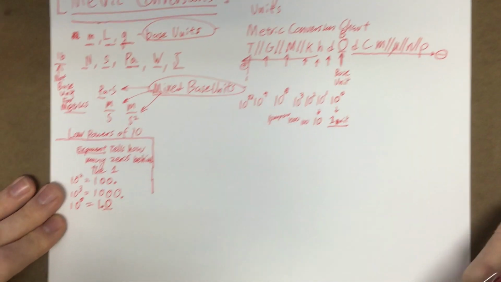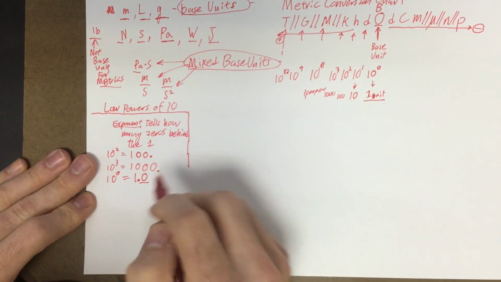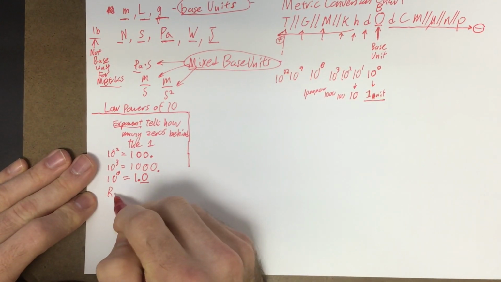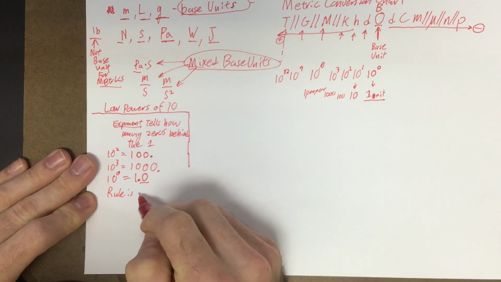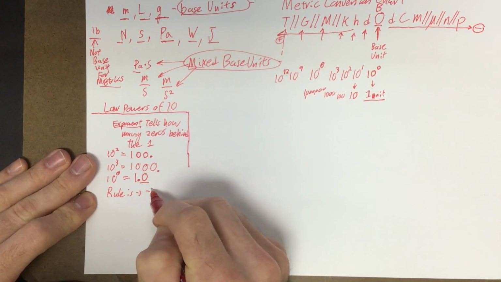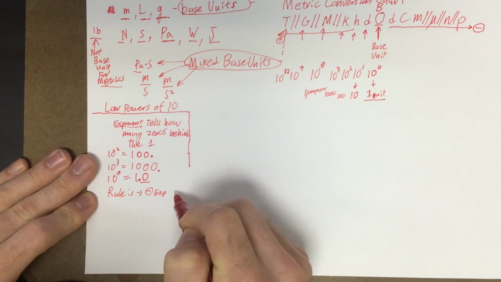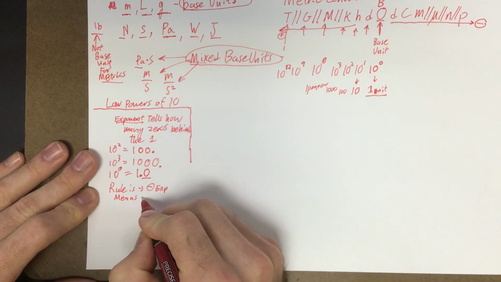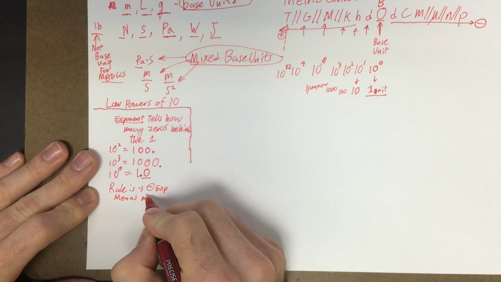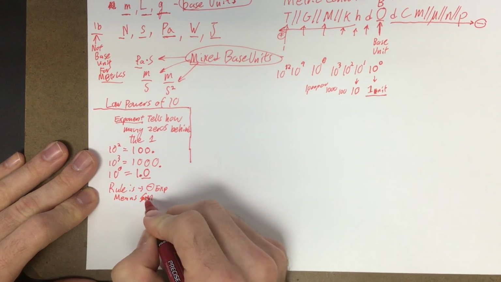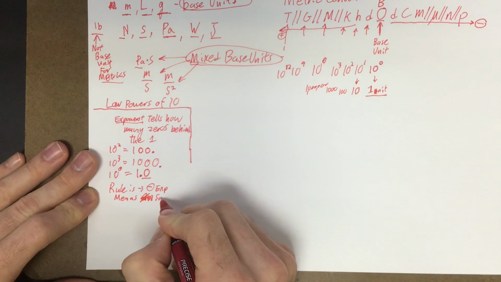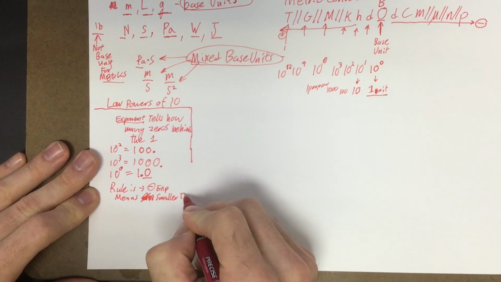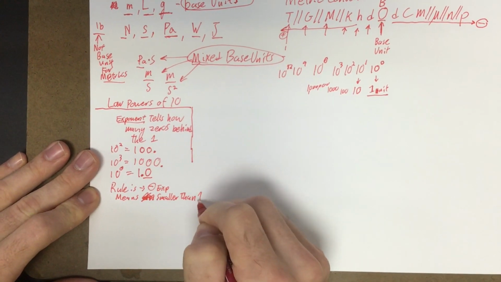Okay. So for our powers of 10, if it's a negative, the rule is negative exponent means smaller than 1.